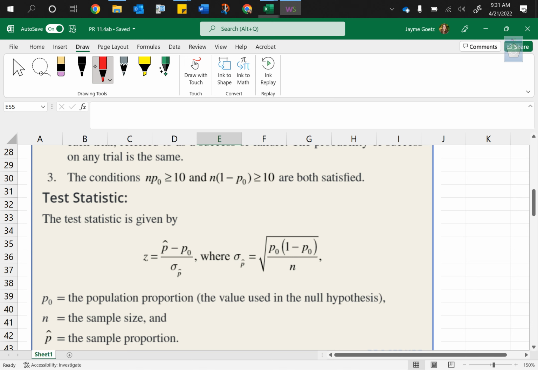When testing a population mean, we find the t-value for a test statistic. But now we're testing a population proportion, which means our test statistic is going to be a z test statistic instead of a t. But again, just like I did for population means, I'm going to give you templates.